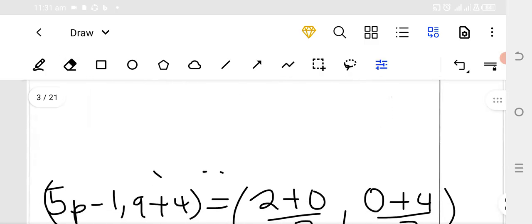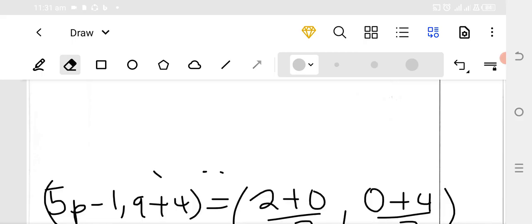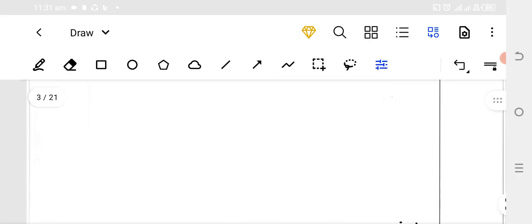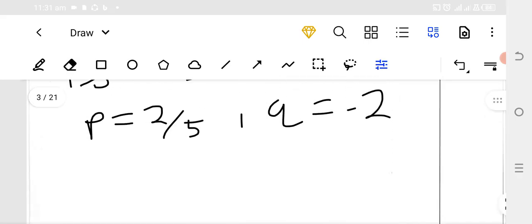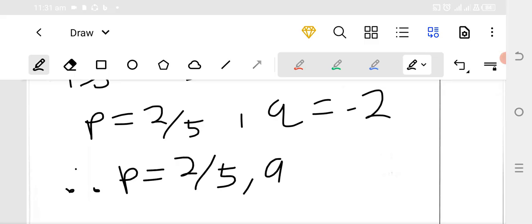Okay, sorry, just trying to create space. No, sorry, what did I say? We don't simplify, we are done. So we conclude. Therefore, P is equal to 2 over 5, comma, Q is equal to negative 2.